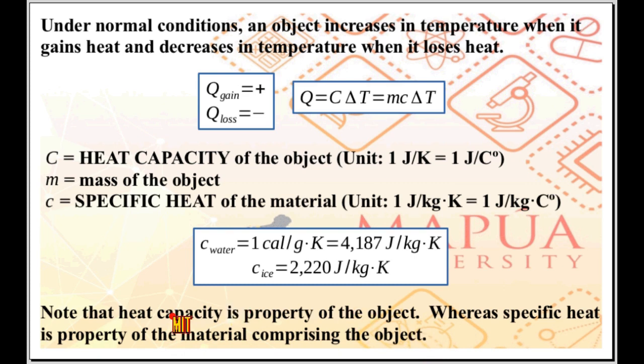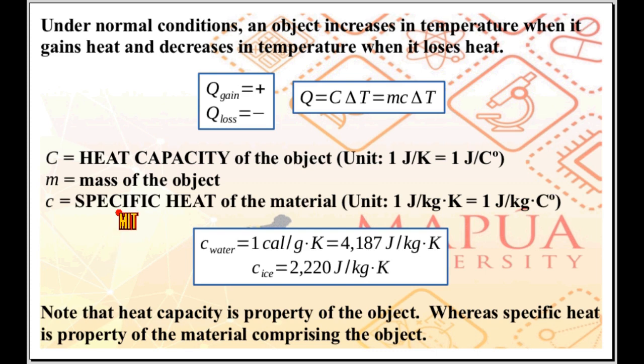Each object will have its own value of heat capacity. Each material will have its own specific heat. So you have specific heat of water, specific heat of ice. Air, again, is a common mixture. I will leave it up to you to look up the value of specific heat of air.